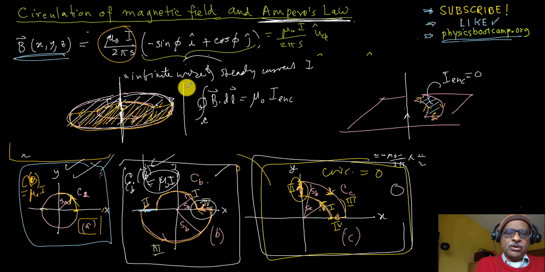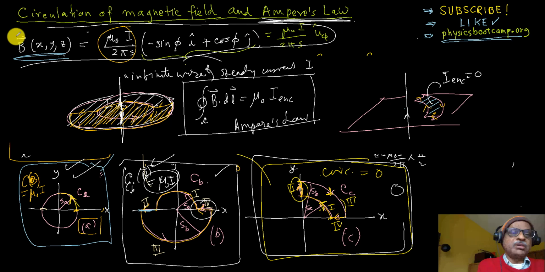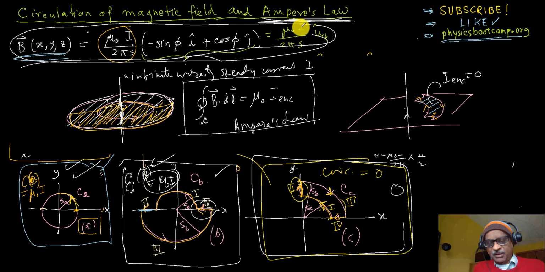So this law goes by the name of Ampere's law. If I knew what the current were... this particular problem did not tell me where the current was, it just gave me the magnetic field, so I had to do all those integrals. But if I know where the current is, then the circulation is very easy to get. This Ampere's law directly gives you the circulation.